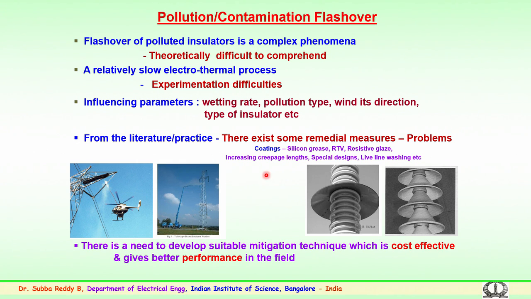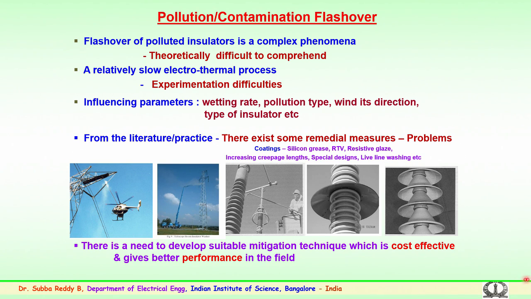Sometimes the utilities go on increasing the creepage lengths and going in for special designs, live line or hot line washing of insulators before the pre-monsoon conditions. So, these are several methods being followed by the utilities to see that pollution or contamination flashover does not happen at EHV and UHV levels.